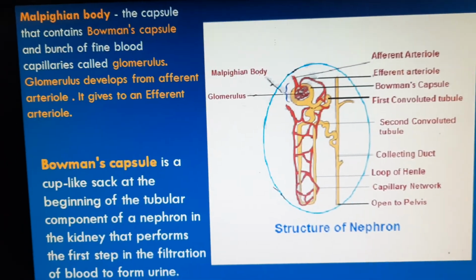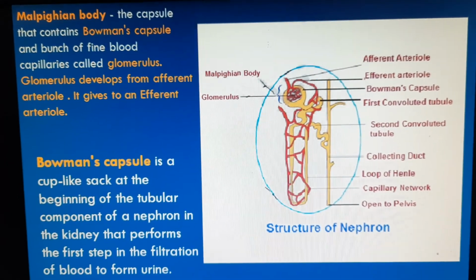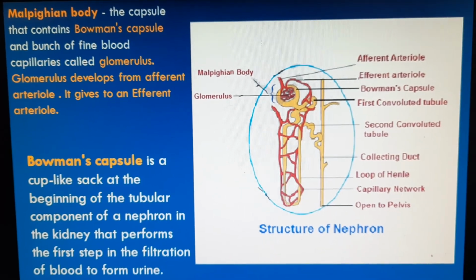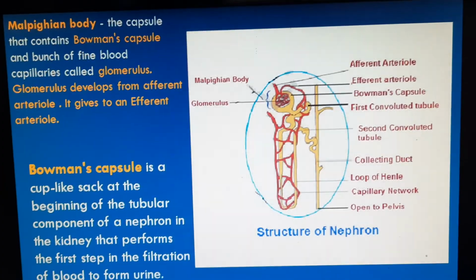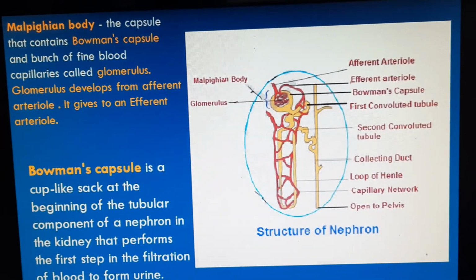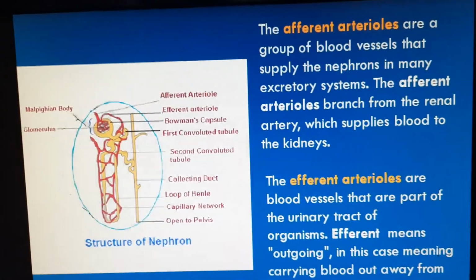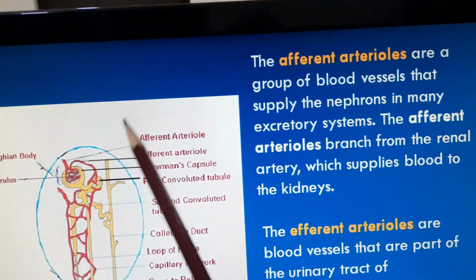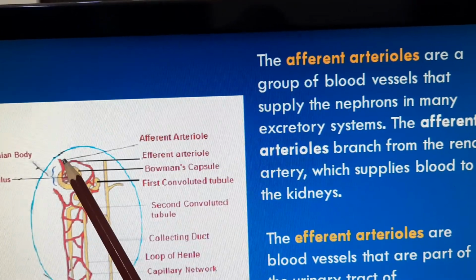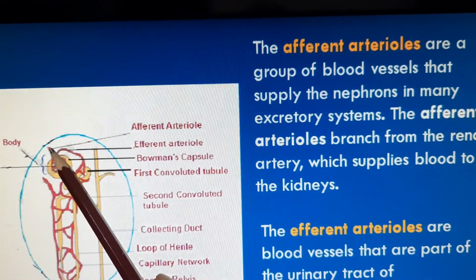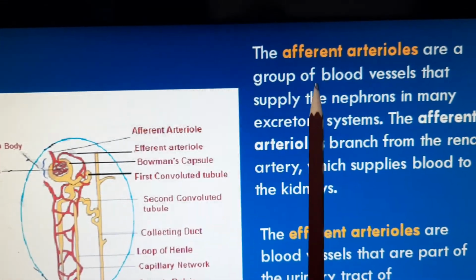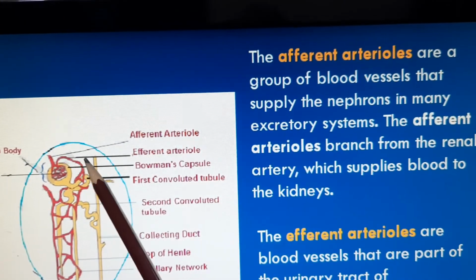In the next slide we will study the afferent arteriole, the efferent arteriole, the convoluted tubule and other things. So this is the afferent arteriole. Afferent arterioles are a group of blood vessels that supply the nephron in many excretory systems.